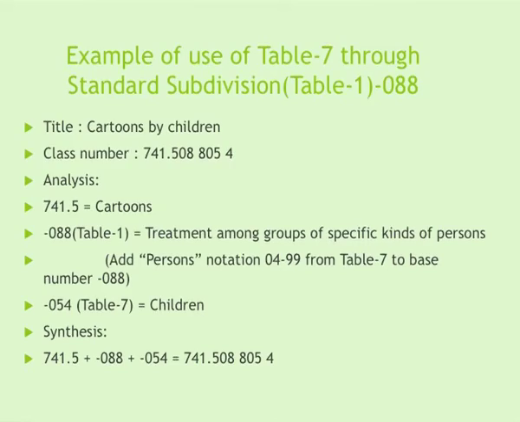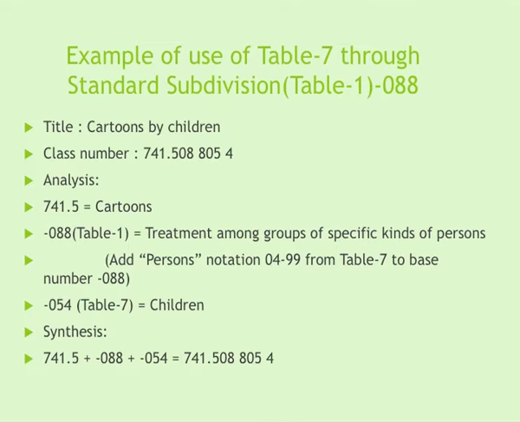Now, we take an example where we do not find an instruction to add a table 7 number. For example, cartoons by children. The basic subject is cartoons by a specific class of persons, that is children. When we analyze it, we find the number of cartoons, 741.5, but no instruction to attach the table 7 number.